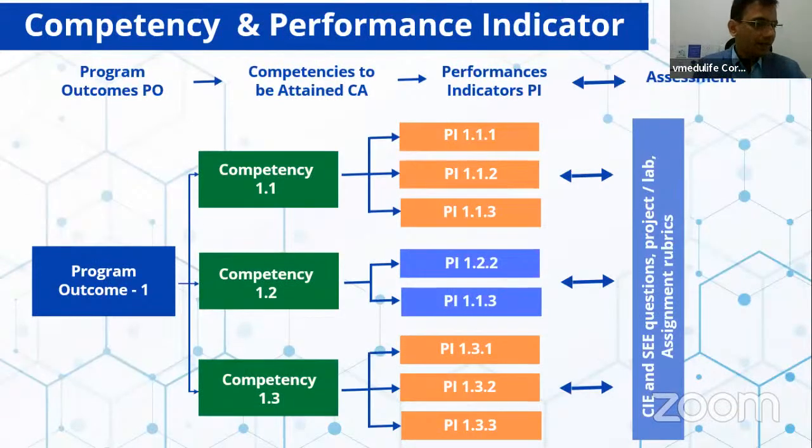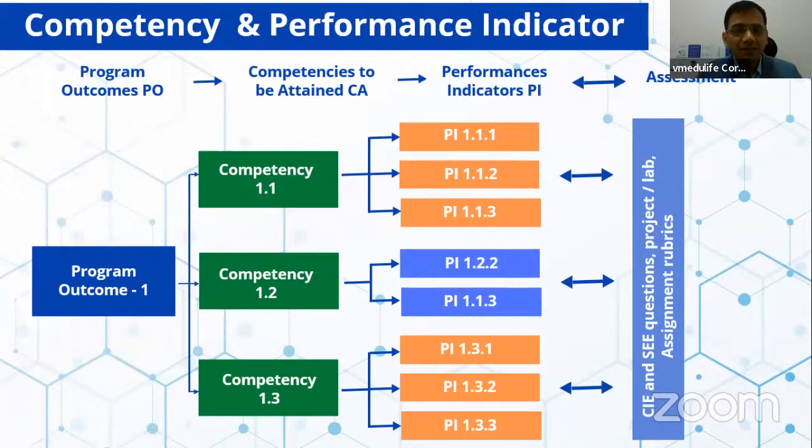Moving ahead, as we discussed in the beginning regarding the examination reforms and the involvement of competencies and performance indicators, here is the slide. Just observe this slide. The journey begins from the program outcome, engineering knowledge.